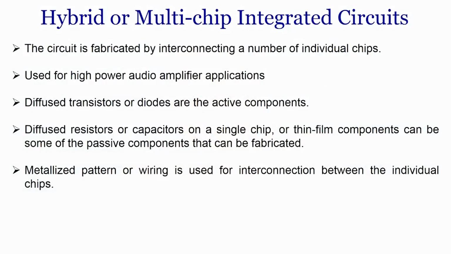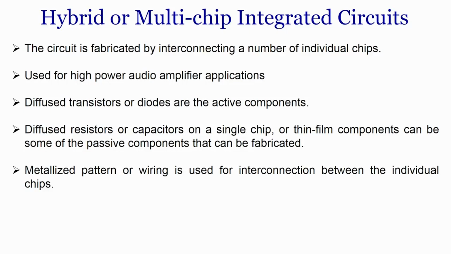The next slide is hybrid or multi-chip integrated circuits. So, the integrated circuit is fabricated by interconnecting a number of individual chips, right. As you can see, the circuit is fabricated by interconnecting a number of chips.